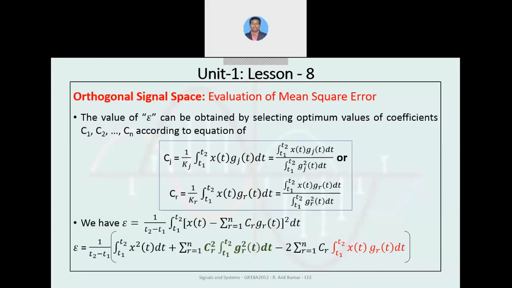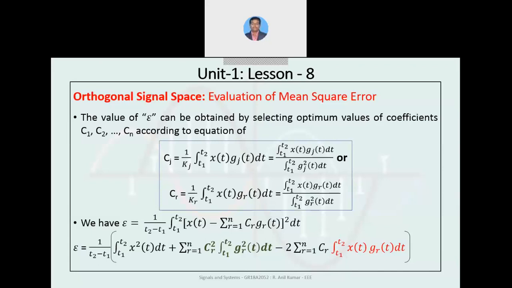Considering these two types of constant parameters, let us now evaluate the mean square error. The value we have for epsilon is 1 by t2 minus t1 integral t1 to t2 xe of t squared, and xe of t, as already discussed, is a difference of two terms: x of t minus summation of cr into gr of t.